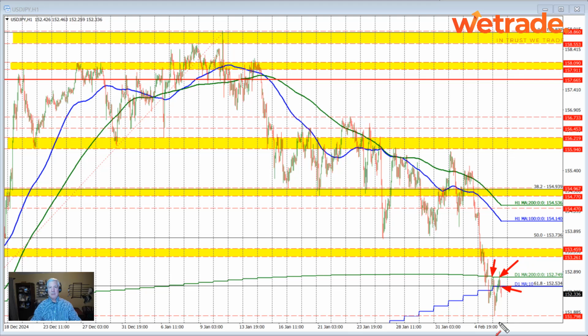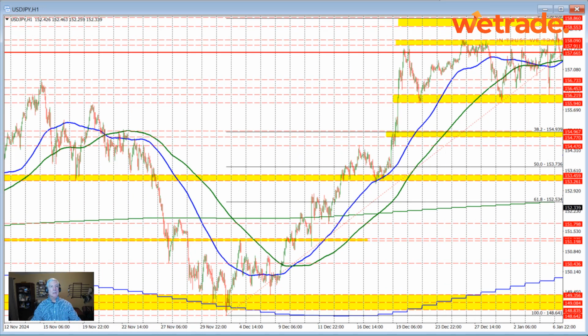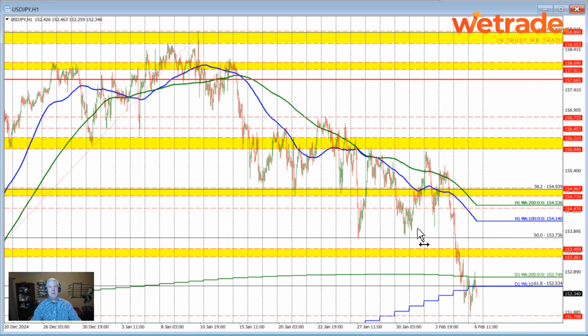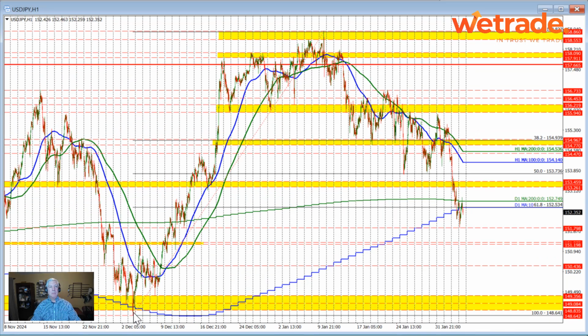So I would give the tilt to the downside for the dollar versus yen, as long as the price can remain below the 100 and 200-day moving averages. If we start to move back above that level, then we could see a rotation back toward this swing area up through here, which goes back in time. Also pay attention to the 50% midpoint of the move up from the December low to the January high.